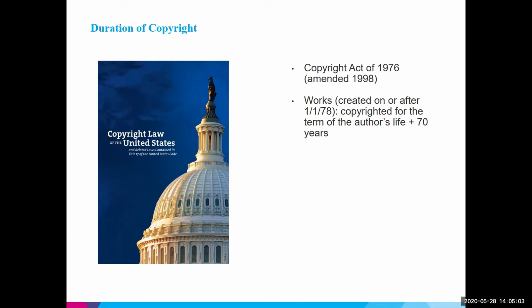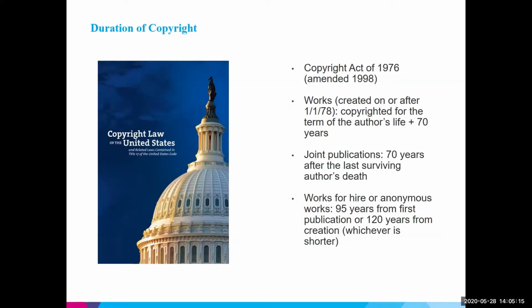So if there's one author, then it's for the term of that author's life plus 70 years. If there are joint publications, then it's 70 years after the last surviving author's death. And for works for hire, as I mentioned before, or anonymous works, this is 95 years from the first publication or 120 years from creation, whichever is shorter.